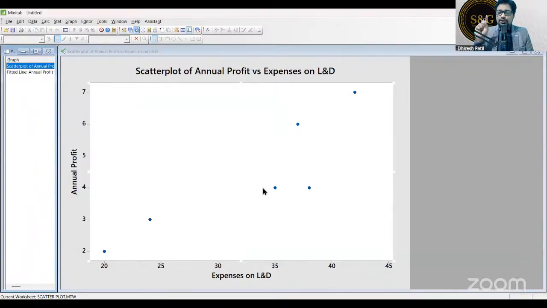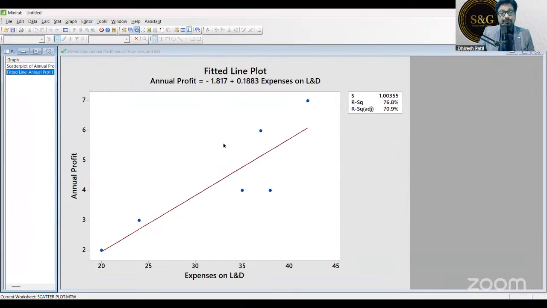So scatter plot is just to establish the relationship between X and Y. But if you want to have the regression equation, then you have to go for regression. So scatter plot will not be helpful. You have to put the data in the regression, which is Stat, Regression, Fitted Line Plot. There you will get the y = a + bx equation, where you can find out any x and any y by putting different values into the line.